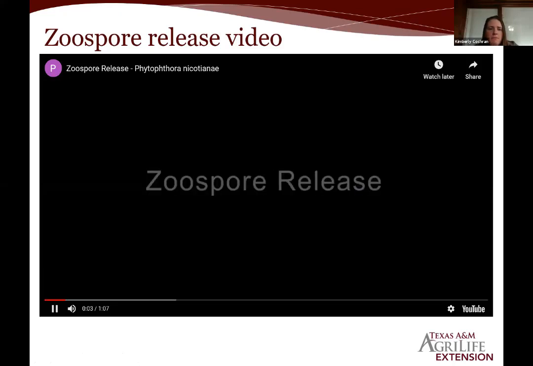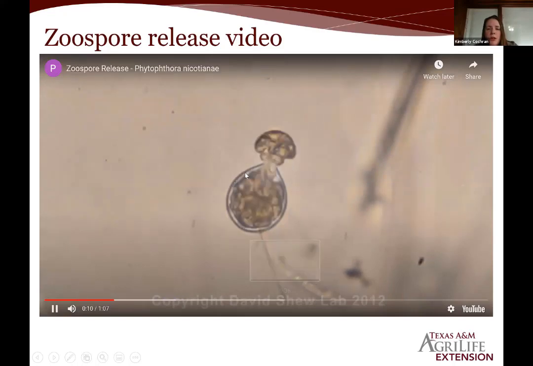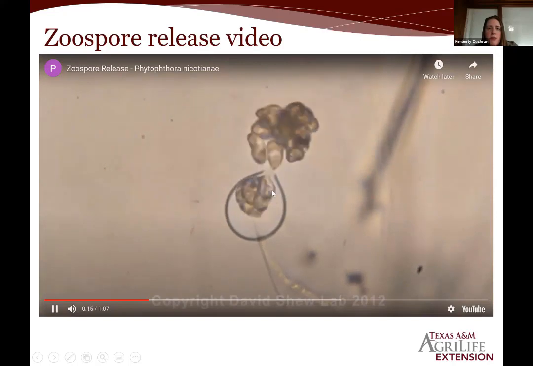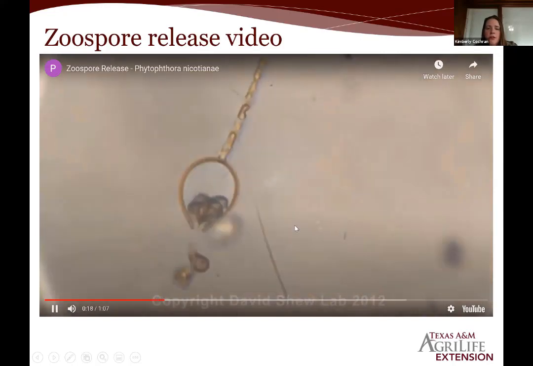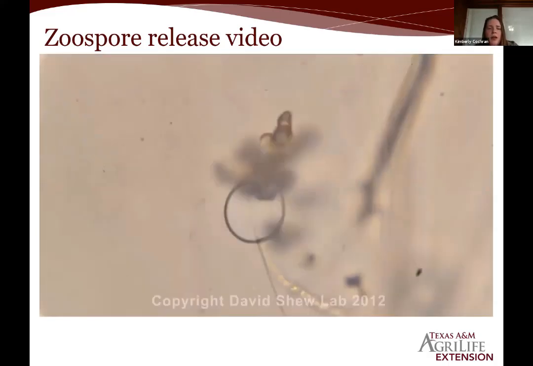Yes, okay. All right, so here is Pythium, or well, this is Phytophthora, but they're similar. This is an oomycete in culture, and here we have zoospores emerging from that reproductive structure. And this is in a thin film of water under a microscope. So these little guys can swim around very much like little tadpoles in a film of water on a microscope slide, or in the soil, for example.